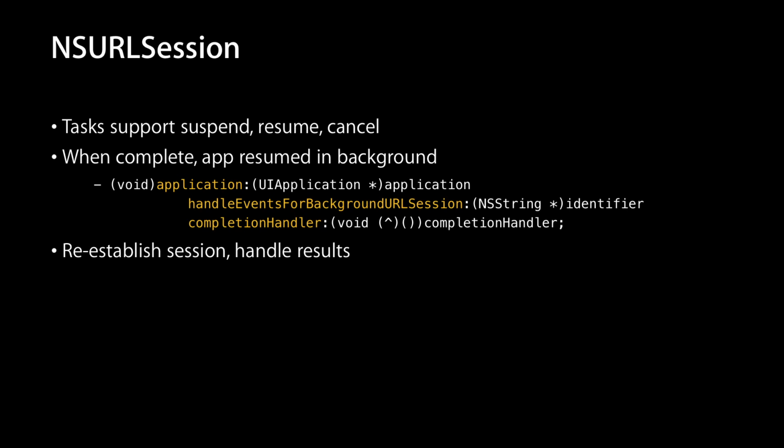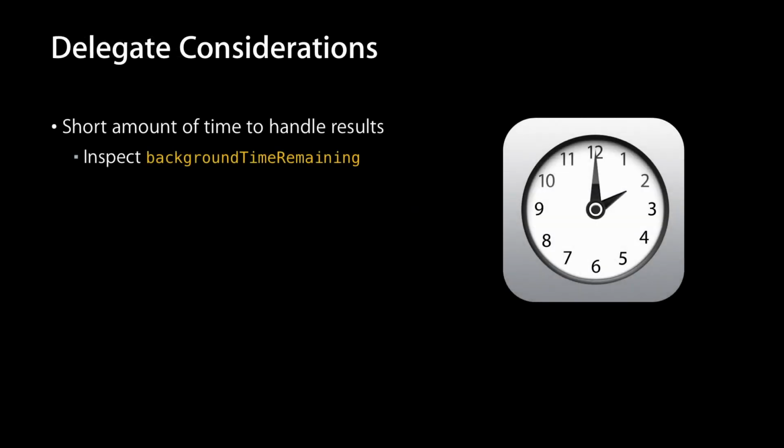Now, there are a couple of considerations you need to keep in mind when you're implementing this new UIApplication delegate method. The first is that if we're notifying you when you're in the background, you only have a short amount of time to run. And by short, I mean on the order of seconds as opposed to minutes.